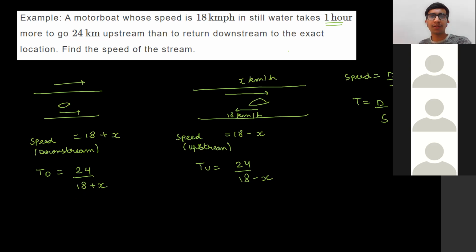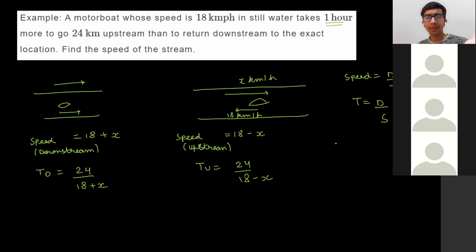Now let's go to the question. First of all, you have to identify which condition is given in the question, and try to calculate that condition from upstream and downstream. Since we have a condition in terms of time, that is why I've calculated time for upstream and downstream. The question is saying it takes 1 hour more to go upstream than to return downstream.